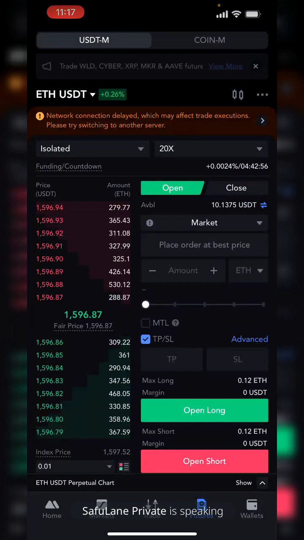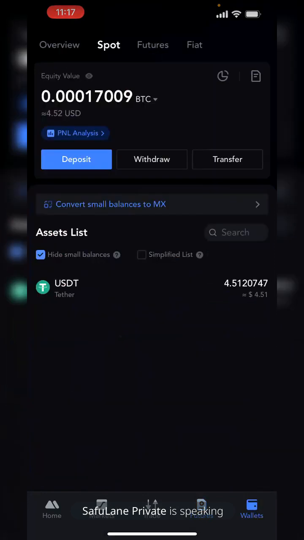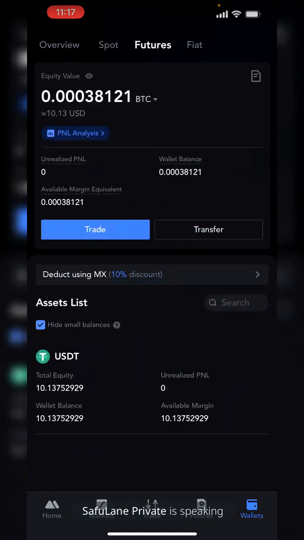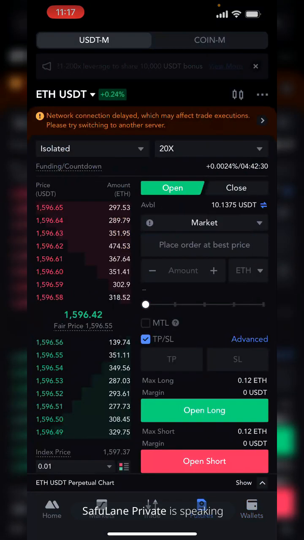So right now, we can check it. On my spot account I have $4, so I can use $4 to perform any spot trading activities. And on my future account I have $10. So right now when I'm setting isolated margin, like for example, I have $10 to use, then I come to this future trading on Ethereum versus USDT, then I'm trying to set something.